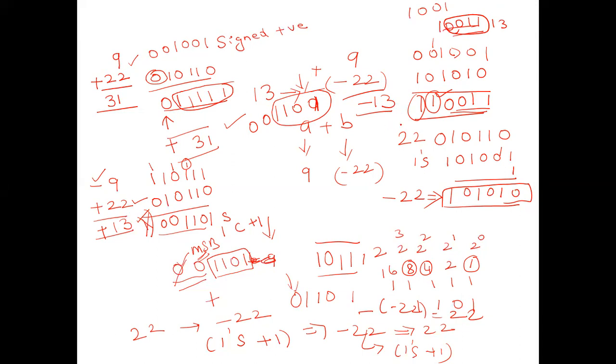To verify whether you will get minus 13 or not: to represent plus 13, 001101. What about minus 13? Convert it into a 1's complement, 110010. Add 1, so 110011. So the same answer which I am getting here, 110011. So obviously this will be minus 13.